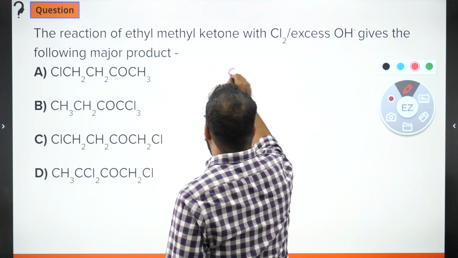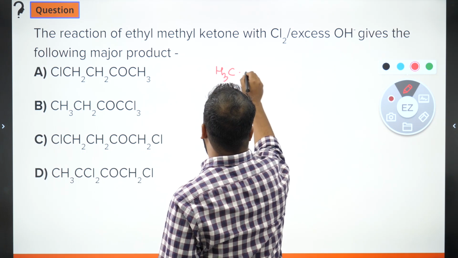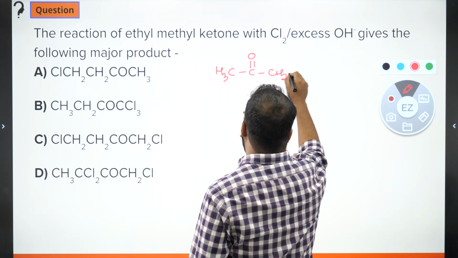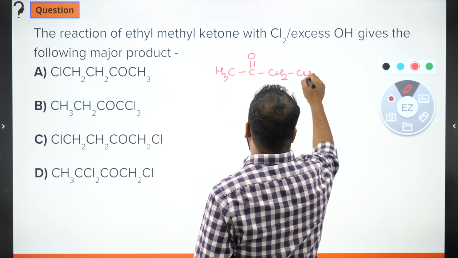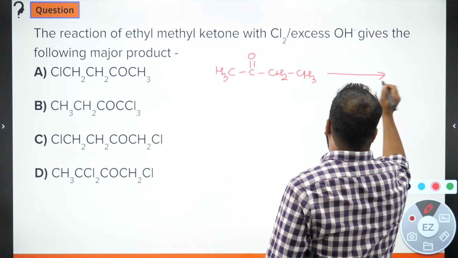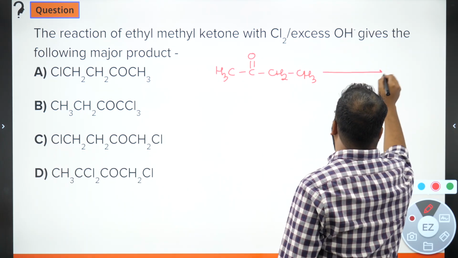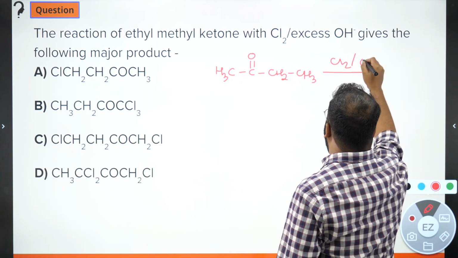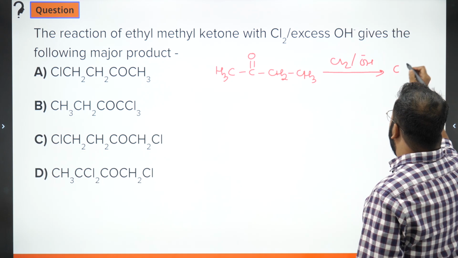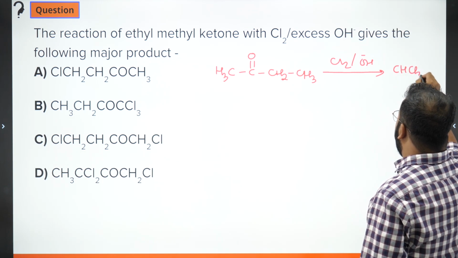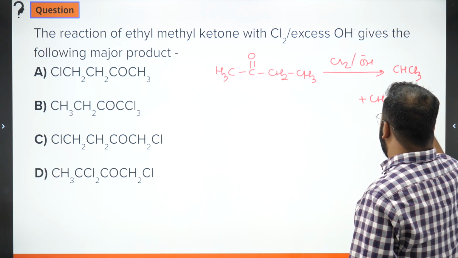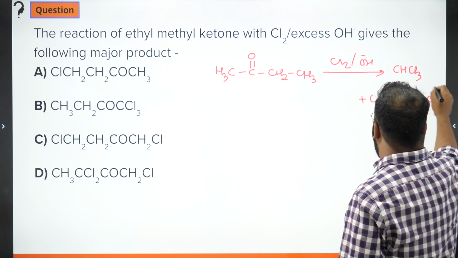What happens is that this is CH3, C double bond O, CH2, CH3. This compound in presence of chlorine, OH minus will produce CHCl3 plus CH3, CH2, COO minus.